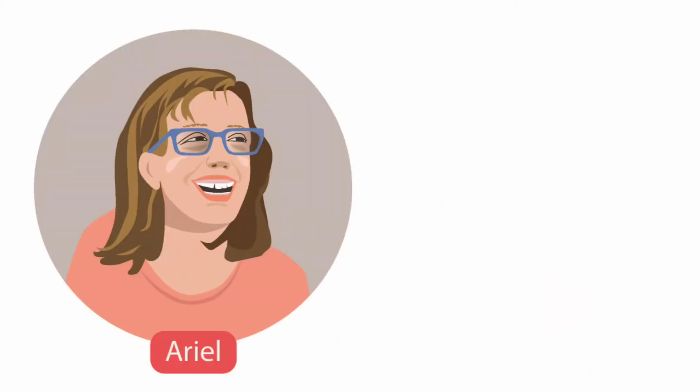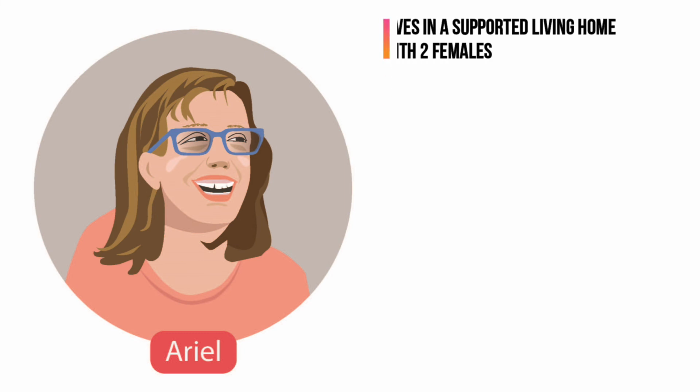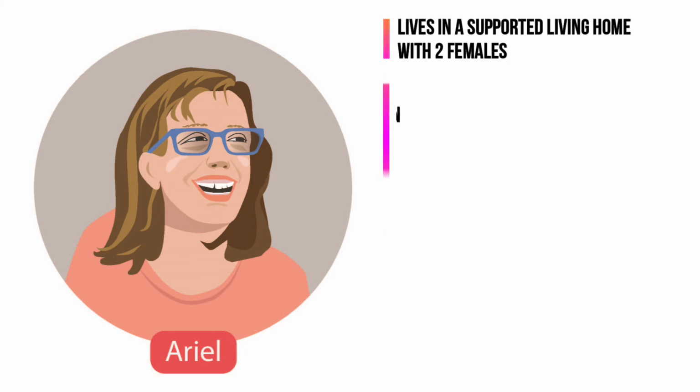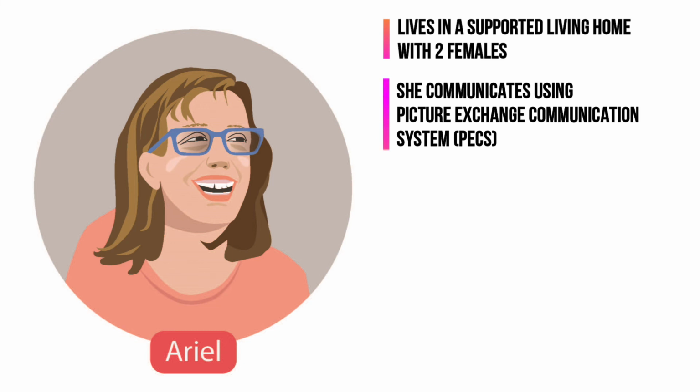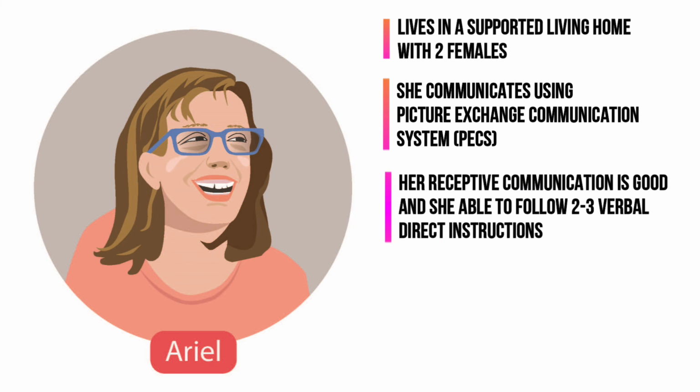Ariel is a 26-year-old and lives in a home with 2 other females. She communicates using Picture Exchange Communication System, or PECS. Ariel's receptive communication is good, and she is able to follow 2 to 3 verbal direct instructions.